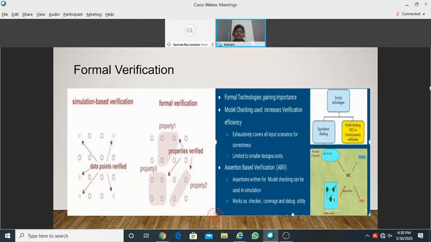There is a lot of research going on in this area on how exhaustively you can cover all the input scenarios for correctness. But the main problem with this approach is that it is still applicable only to smaller designs. You cannot really verify a huge SOC with this, because the tool will probably take years to converge and give you a result.